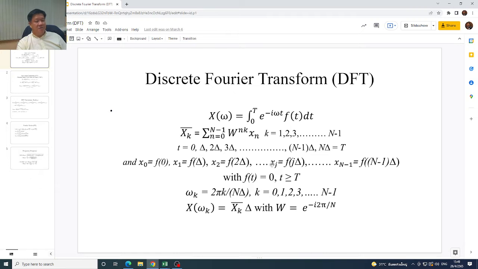So let's summarize this. Once you discretize the domain t to 0, delta, 2 times delta, up to n times delta, you know that at n times delta you don't have x sub capital N. You know x sub capital N is equal to 0, but the others are all possibly non-zero.